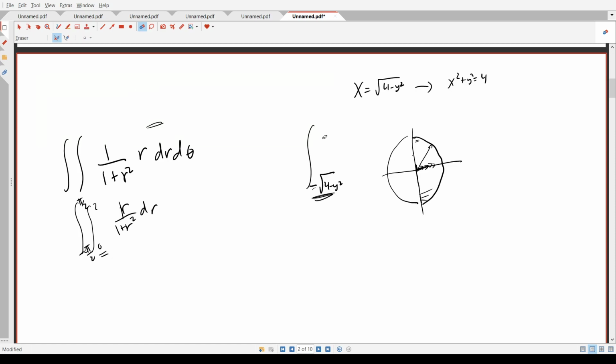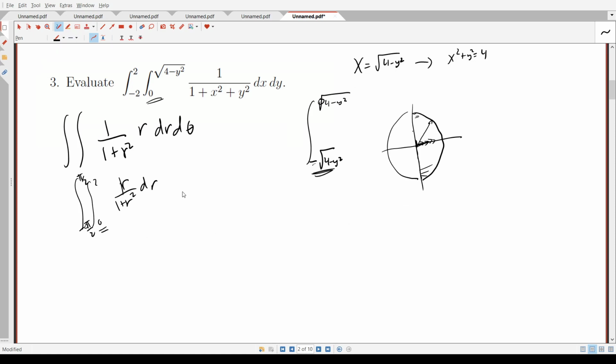And then the whole circle would be from minus square root to square root of 4 minus y squared. Okay, d theta, and that is my integral that I would solve.